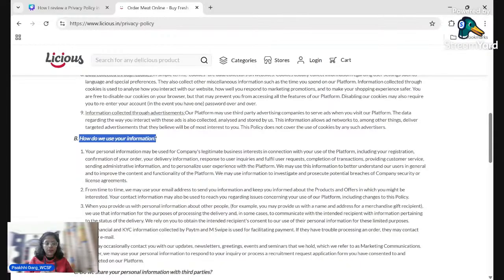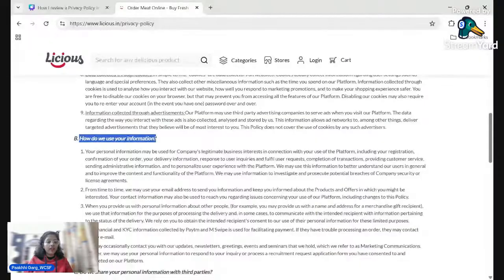This is acceptable. But one thing I always highlight is vague purposes, like improve our services. Now, they have that here, which is a bit vague, honestly speaking, because under DPDP, vague purposes can be problematic. So this is one such thing that I would like the companies to actually work on.